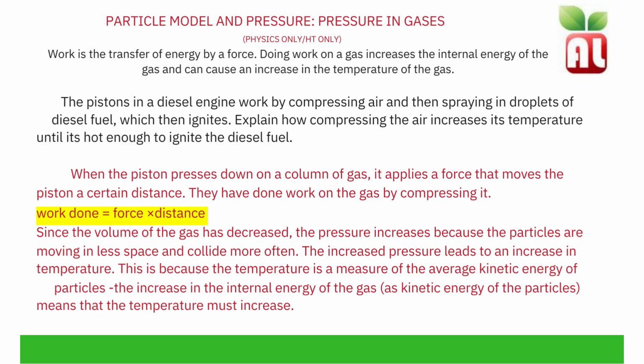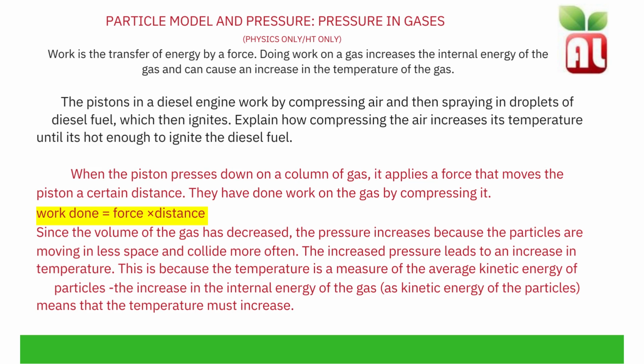When the piston presses down on a column of gas, it applies a force that moves a piston a certain distance. They have done work on the gas by compressing it, very similar to pumping up a bike tyre.